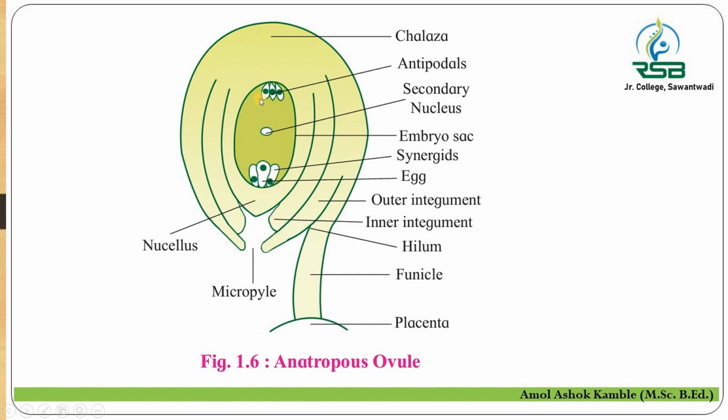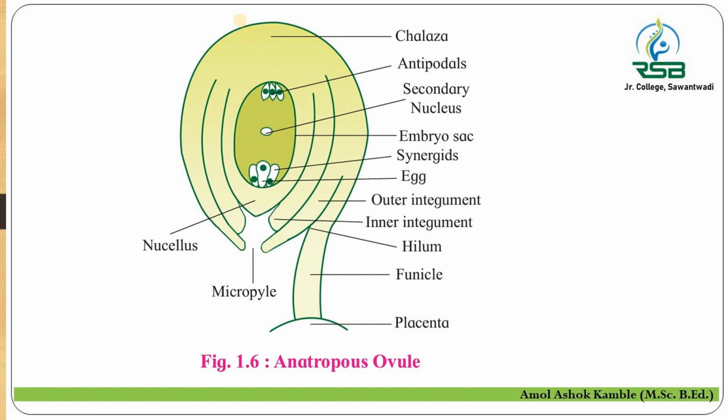So these are the 7-celled and 8-nucleated structure. Here 3, here 3, 3 plus 3, 6, and at the center the secondary nucleus, which is diploid in structure, that we are going to study in detail in megasporogenesis. So 3 plus 3 and 2 is called the 8. So it is the 8-nucleated structure.